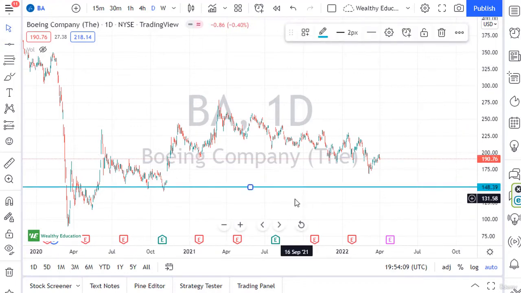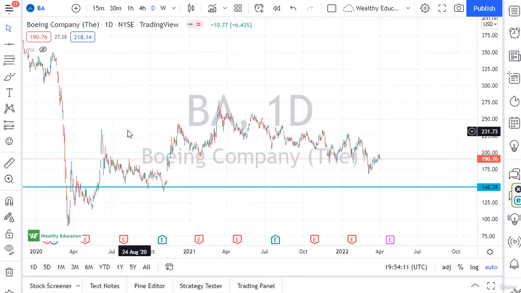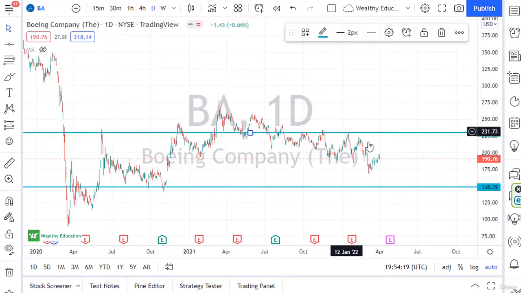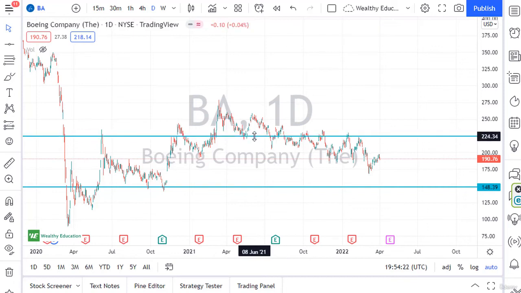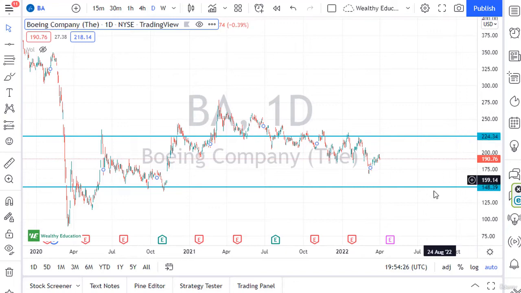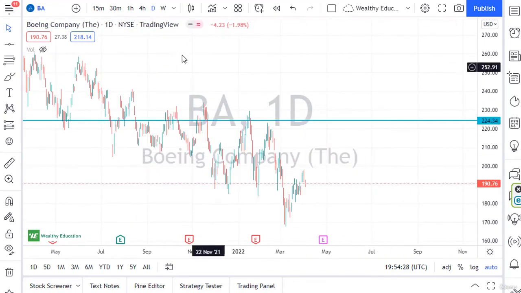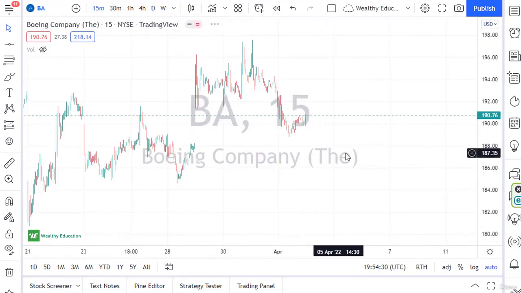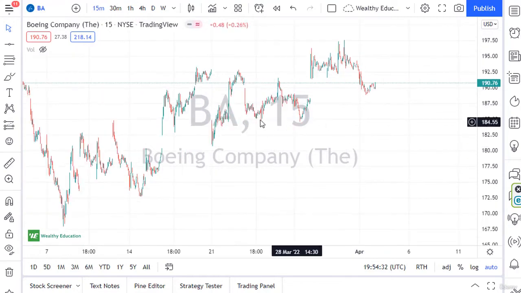Because it's one thing for there to be support on the 15-minute chart. It's an entirely different thing for there to be support or resistance on a daily chart or a weekly chart. You can see that there were several times where we could not get above like 225 would be my guess. Well, that probably means a whole lot more than just a little area like that.